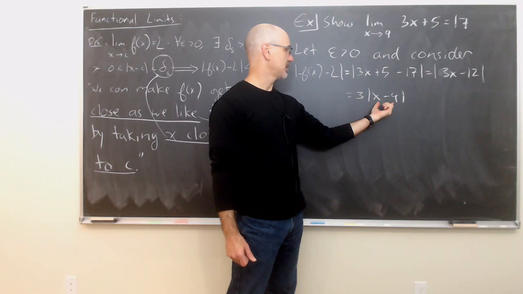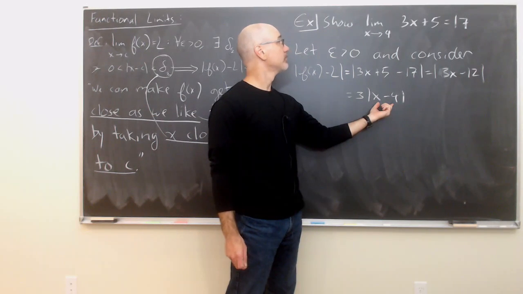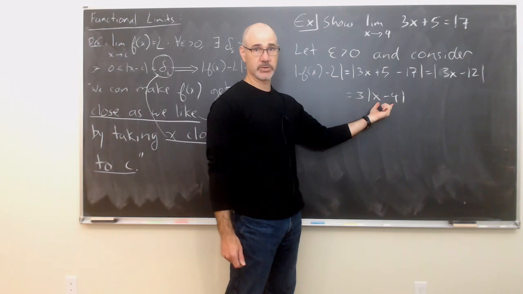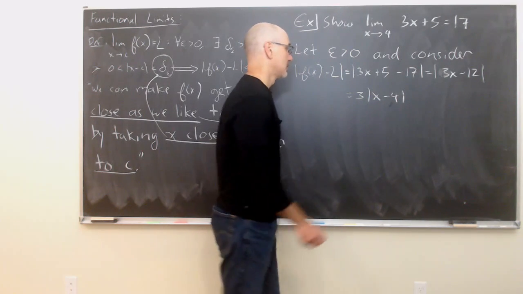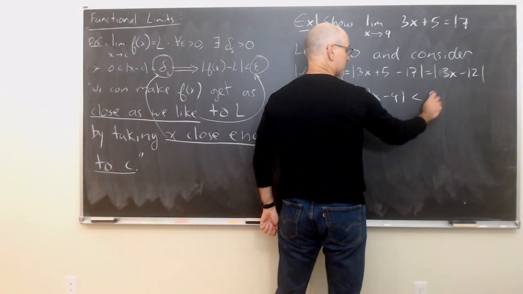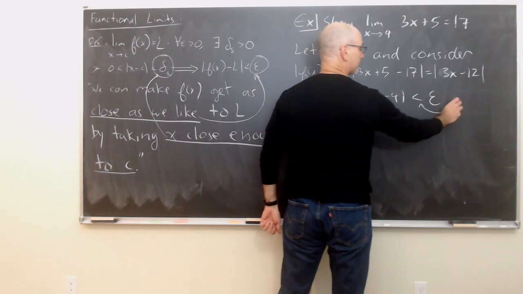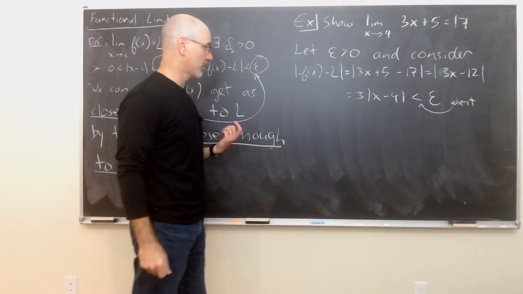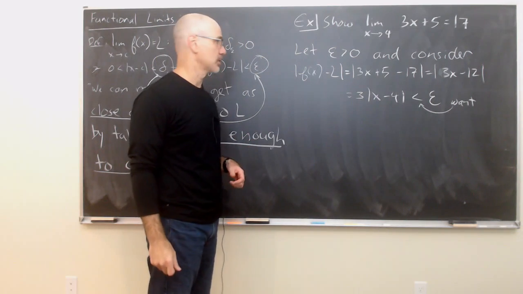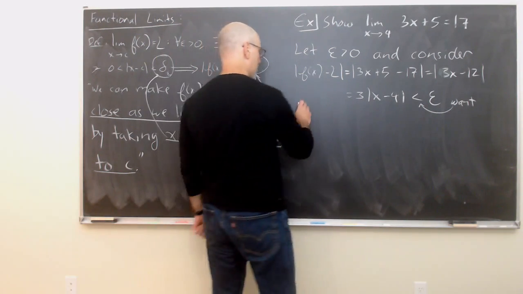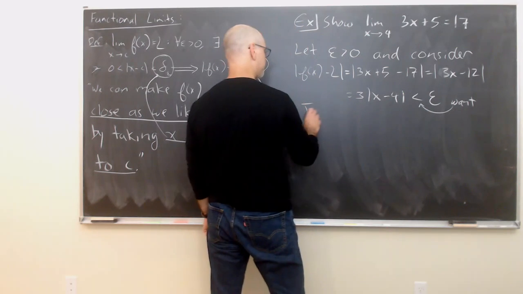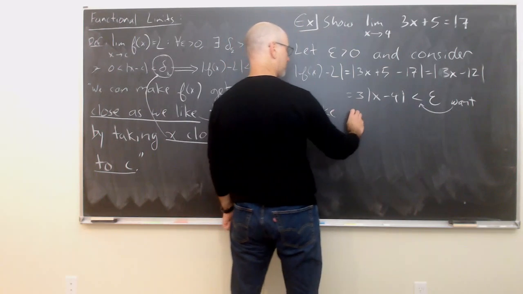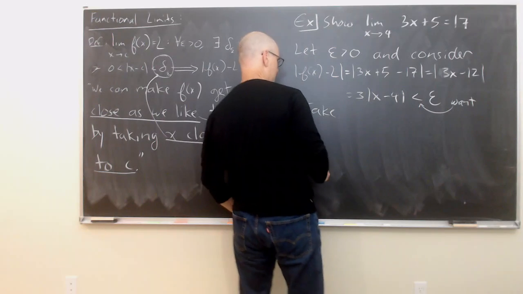And the idea is if we make that small enough, then the original expression f of x minus L will also be small enough. So we want to make this less than epsilon, and we do it with our control of this x minus 4 term. So a little bit of algebra. Let me just write it this way.